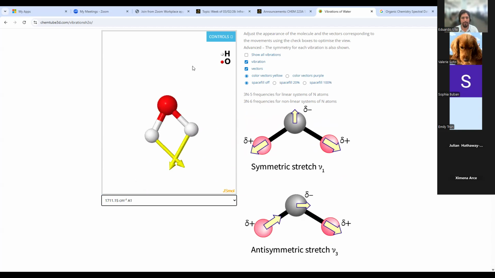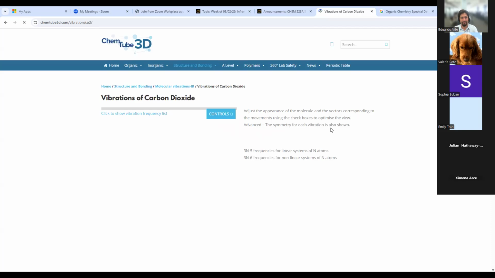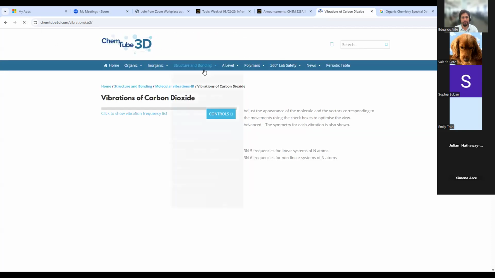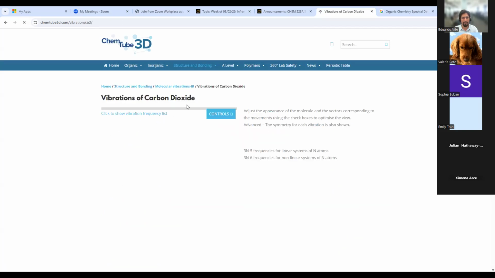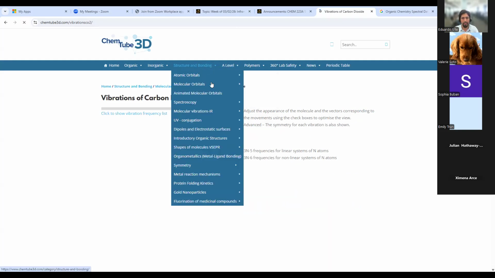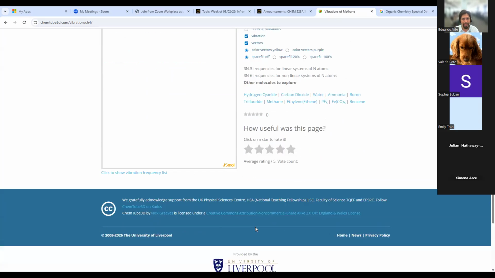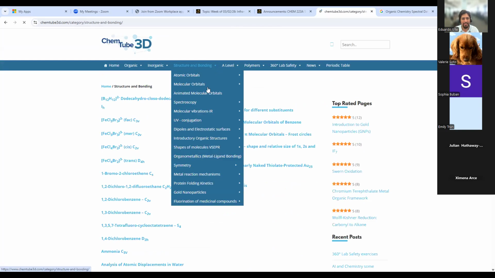So let's try another one just for the fun of it. Let's see. We have carbon dioxide. Let's see, IR, carbon dioxide. It's taking some time to load. Let me see if I can get another one. Let's look at methane. We know methane. Yep, of course, it's not showing up now. Let's do one more.